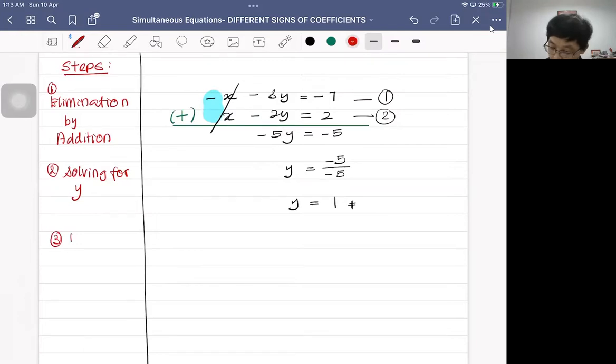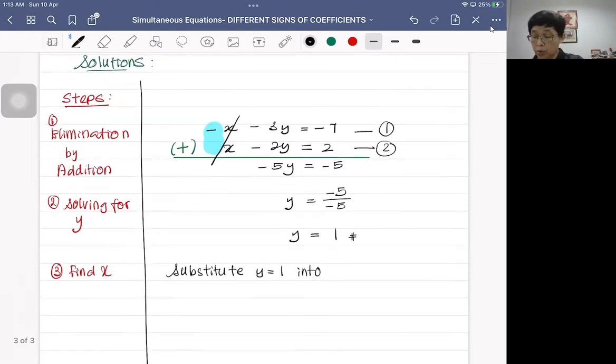Now you're going to find x. Okay, you're going to find x. How do we do that? So what we're going to do is we will write down for the examiner's reading that we substitute y equals to 1 into whichever equation of your choice.